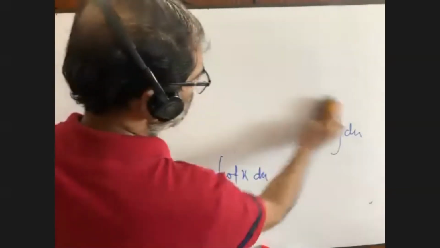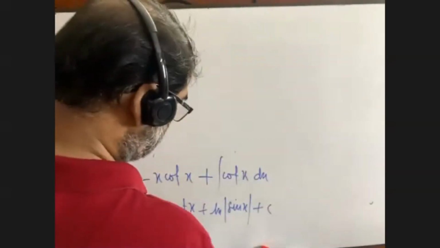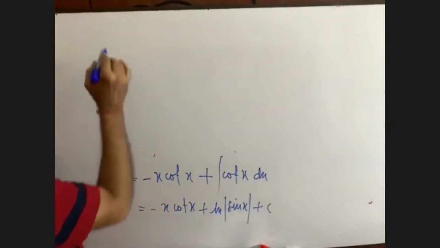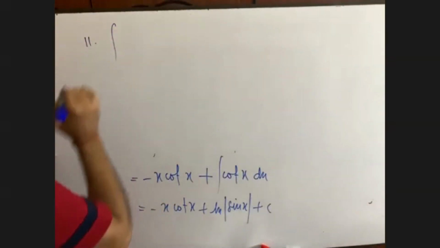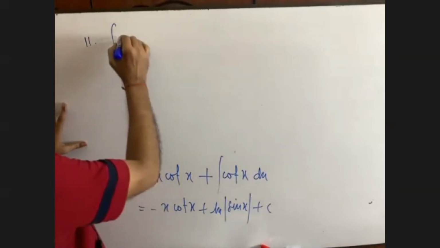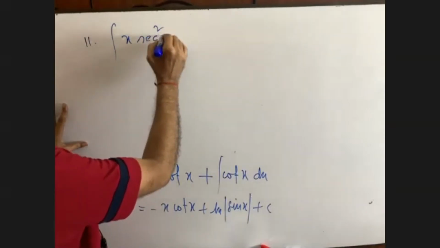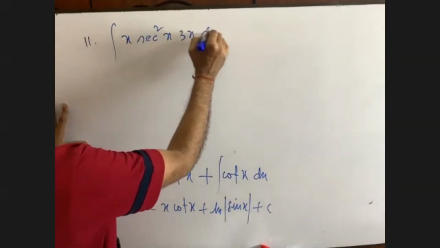So we are getting different types of math, nothing else. We are not getting the same type of math. Number 11, you see, it is x sec square 3x dx.